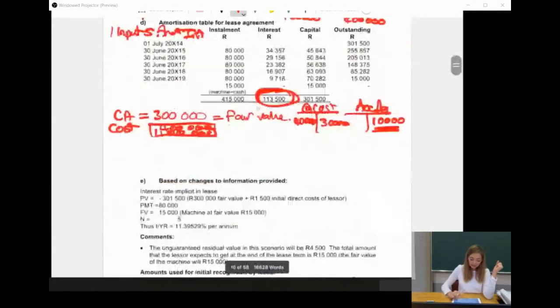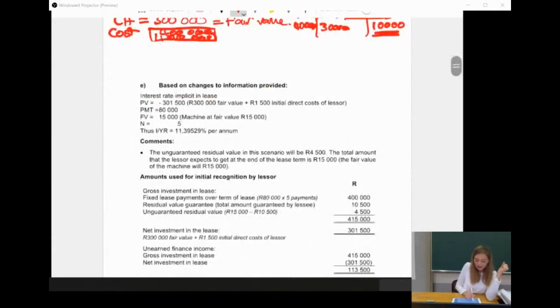Okay, so in E, you'll see that our fair value still stays at 15,000, but that's now because this is the residual value guarantee of 10,500 plus the 4,500 unguaranteed residual value. Otherwise everything stays the same.